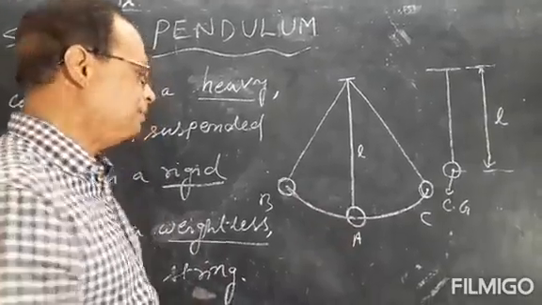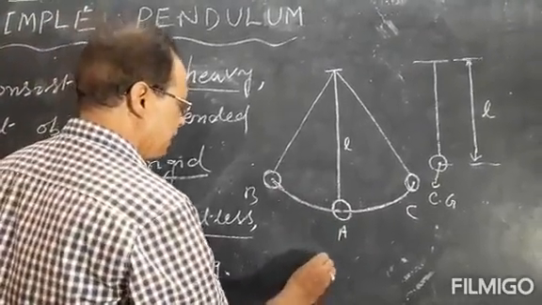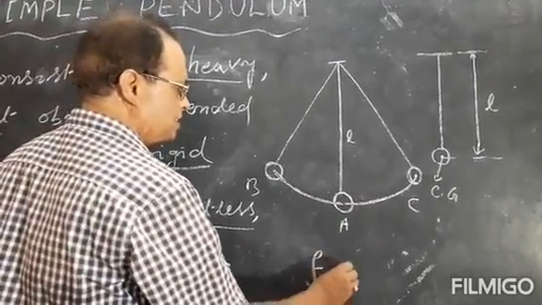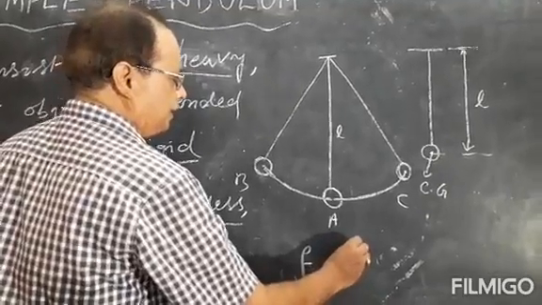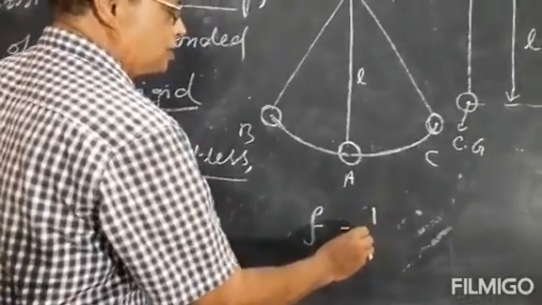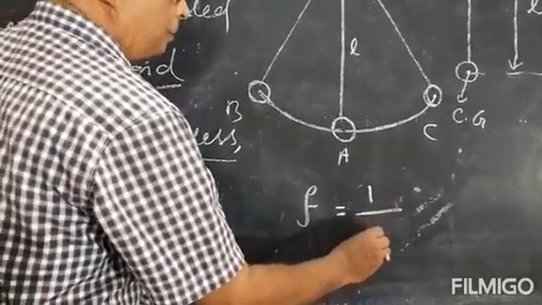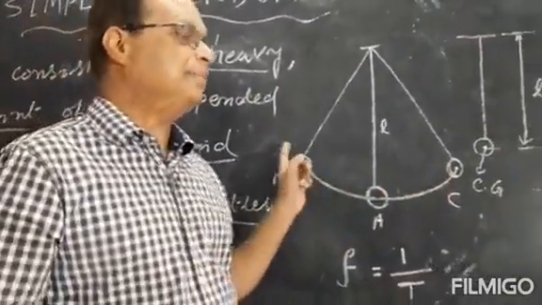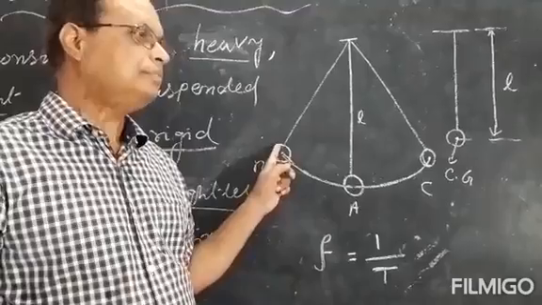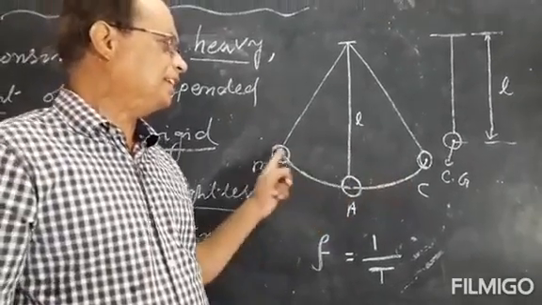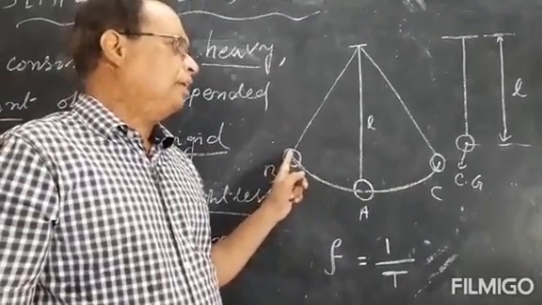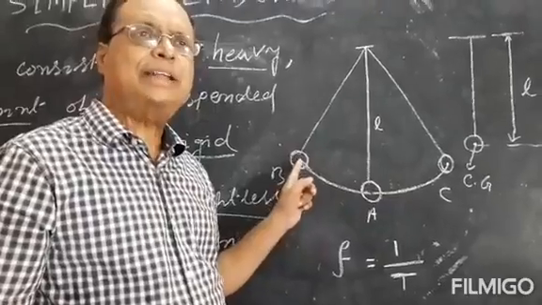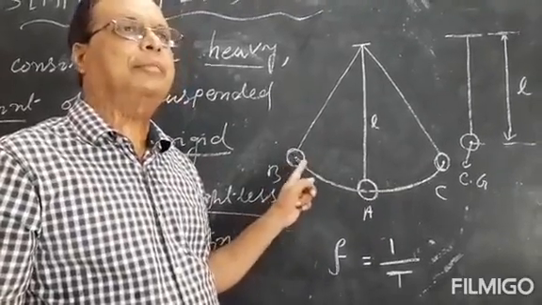Then the frequency of the pendulum, it is represented by small f. Frequency is 1 by T. The time taken for one complete oscillation is the time period of the pendulum. Now the frequency of oscillation is the number of complete oscillations made by the pendulum in 1 second.